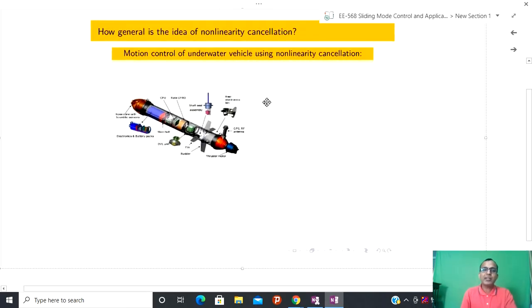So here you can see what I have written, how general the idea of nonlinearity cancellation is. One of the simple solutions is that whenever some uncertainty comes into the picture, you try to design the control in such a way that the nonlinear part becomes cancelled and finally the system becomes linear.